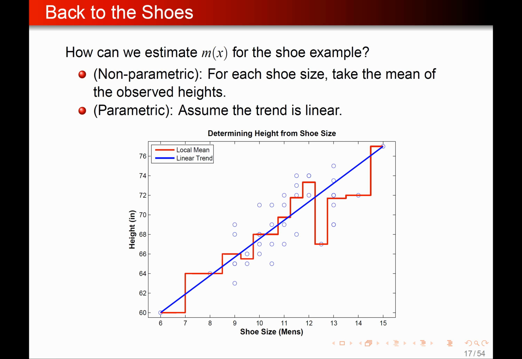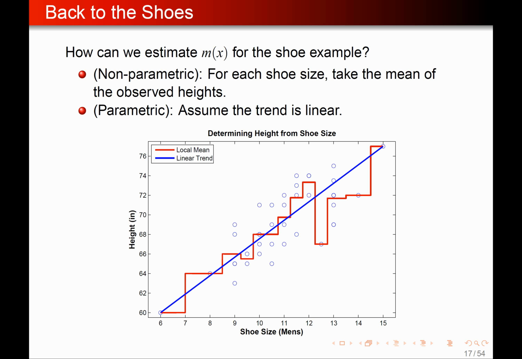Now back to the shoes. How can we estimate mx for the shoe example? Non-parametric: for each shoe size, take the mean of the observed heights. And parametric: assume the trend is linear.